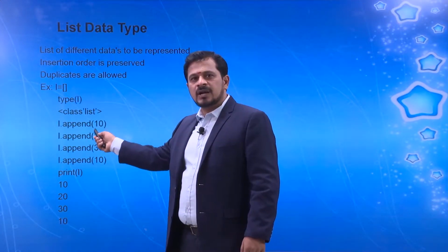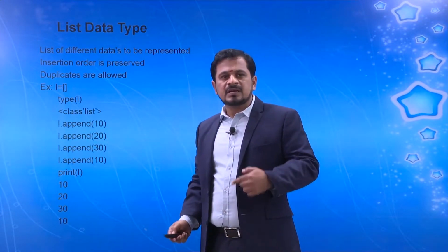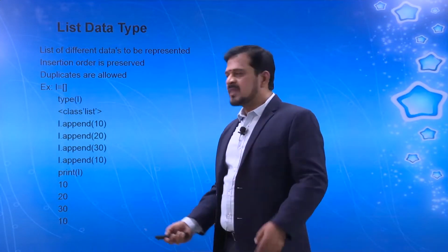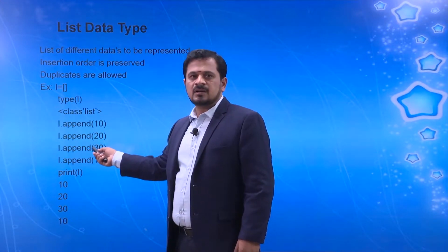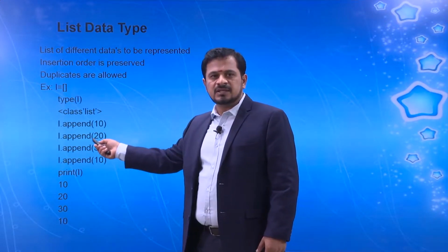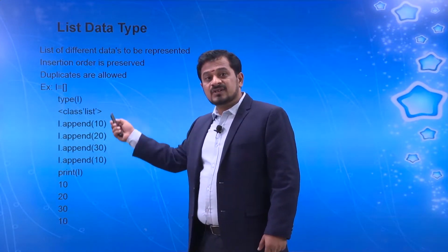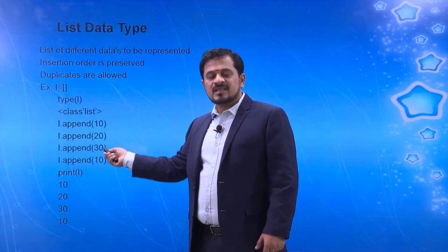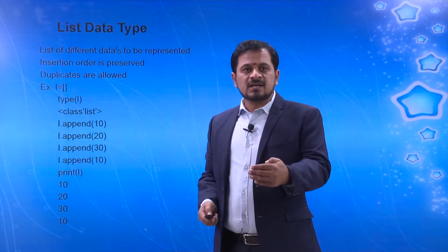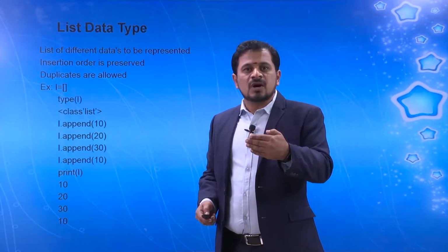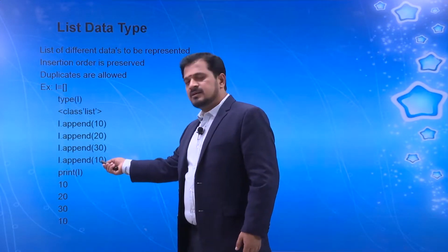The first data is going to be 10, and then L dot append, second data is 20, third data is 30, and the fourth data I am going to append is again 10. That is why I am giving 10 here, because you need to understand that the list data type allows duplicate data. So L dot append 10.